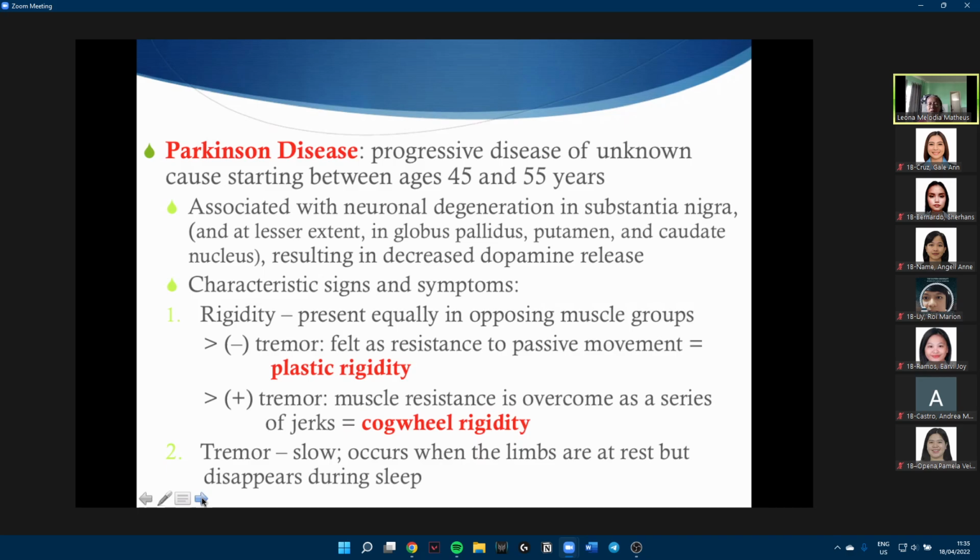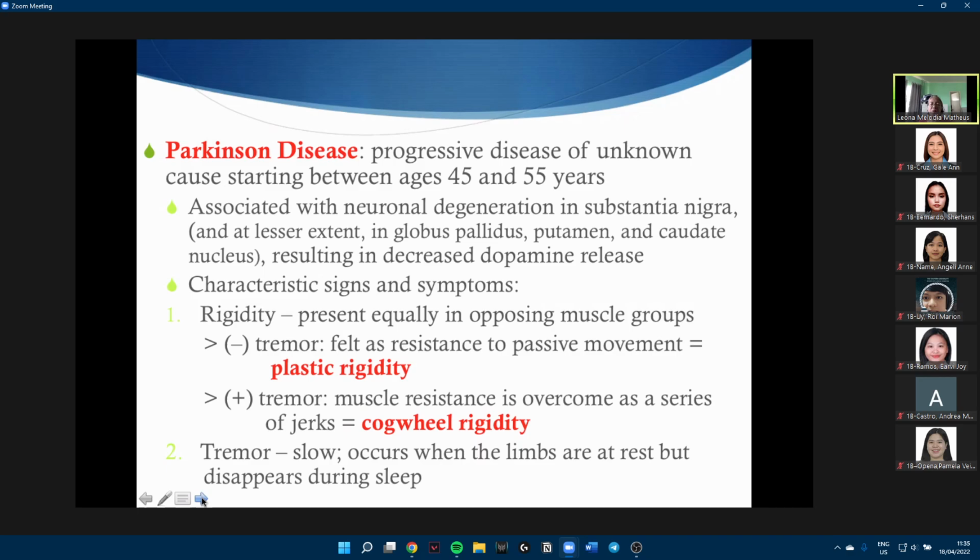You have rigidity, and it may be seen with or without tremors. If it's without tremors, you say plastic rigidity. If it's with tremor, you say cogwheel rigidity. Now, you may also see, of course, tremor, no?